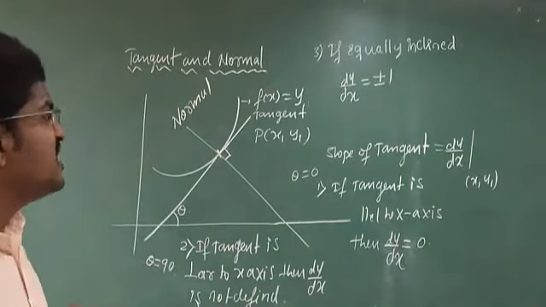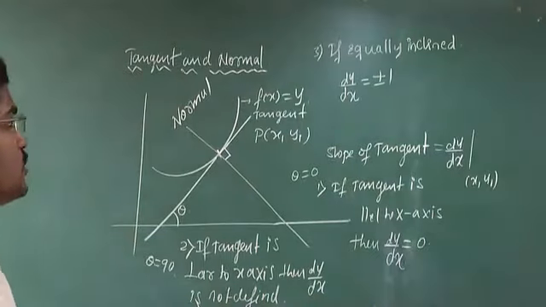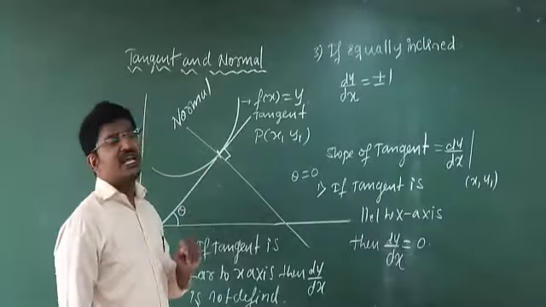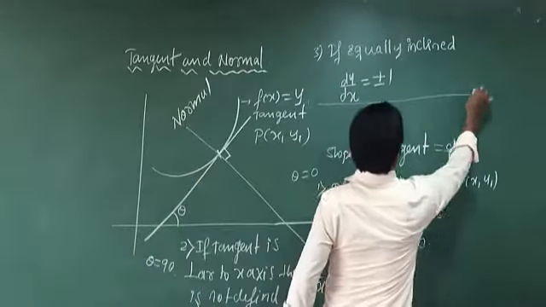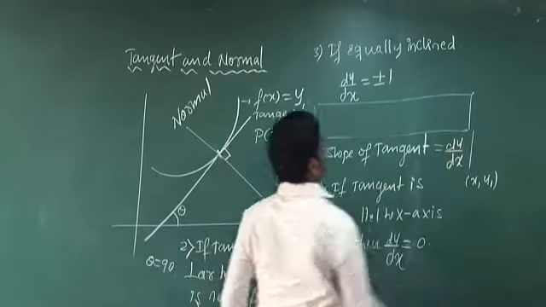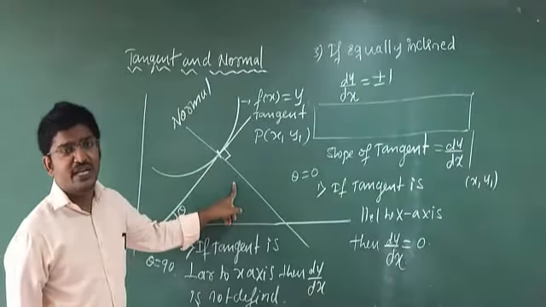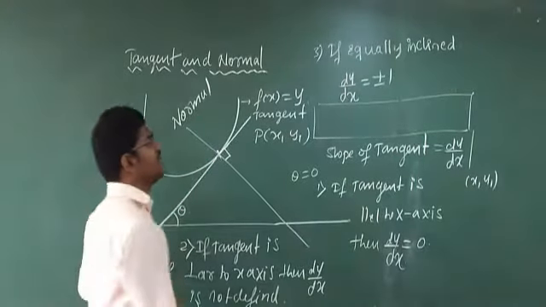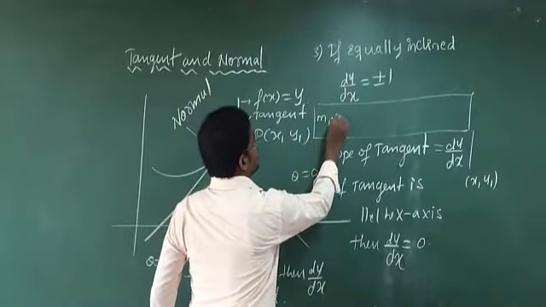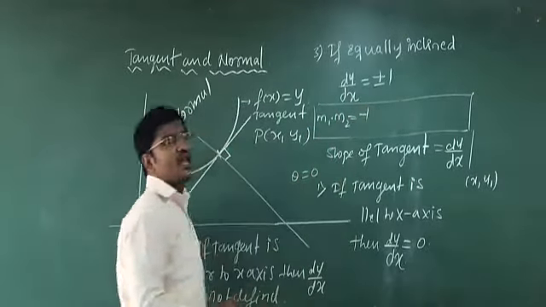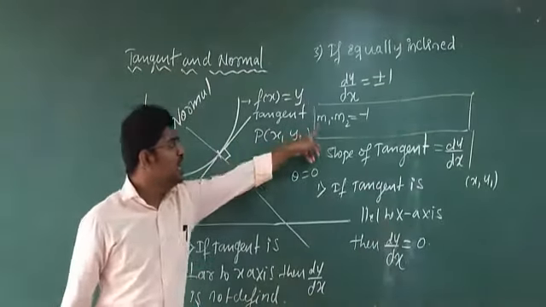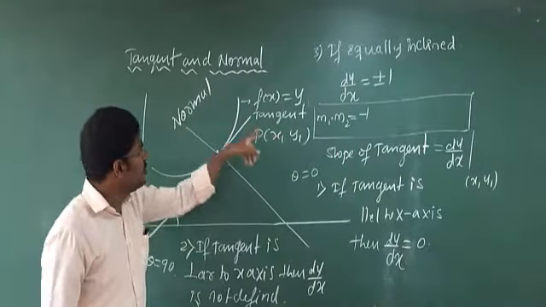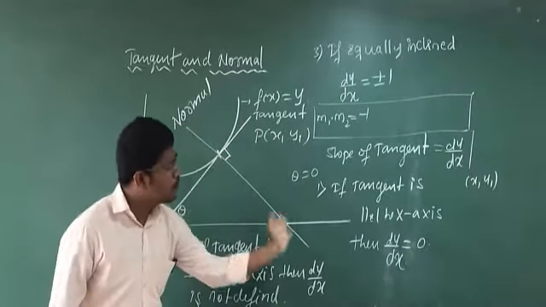Clear? Using these notes, we shall define the slope of the normal. See here, both the lines, L1 and L2, are perpendicular to each other. From the properties of straight lines, if two lines are perpendicular to each other, M1 into M2 equals minus 1. Let M1 be the slope of the tangent and M2 be the slope of the normal.